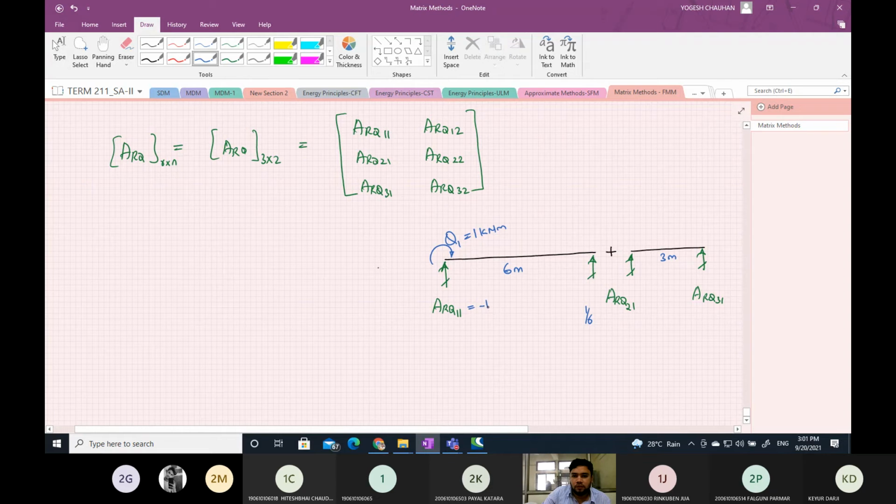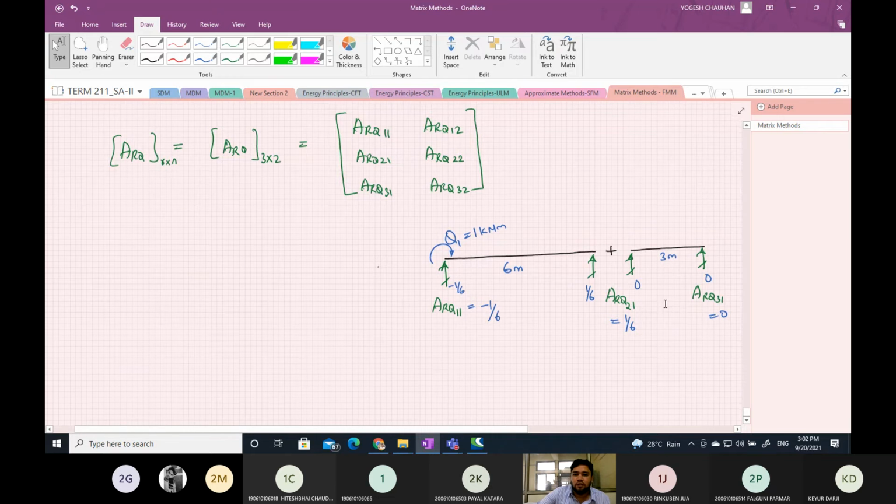So this will be minus 1 by 6 and this will be 1 by 6. Now here this will be 0, this will be 0. So your ARQ11 matrix will be minus 1 by 6, 1 by 6 and 0.